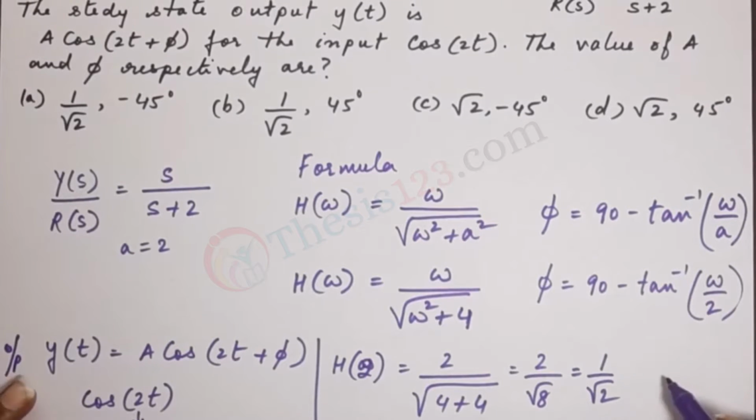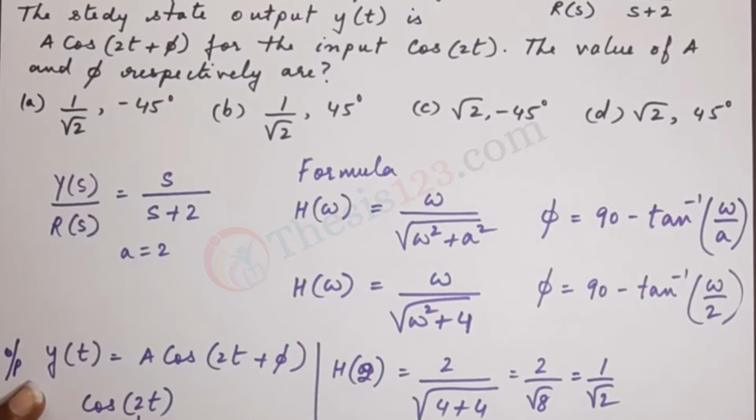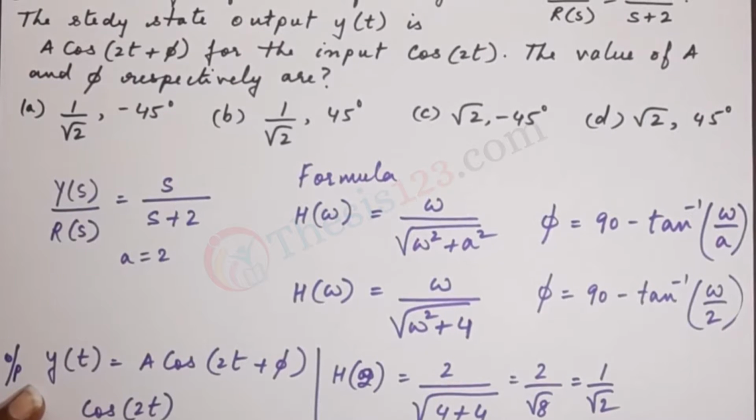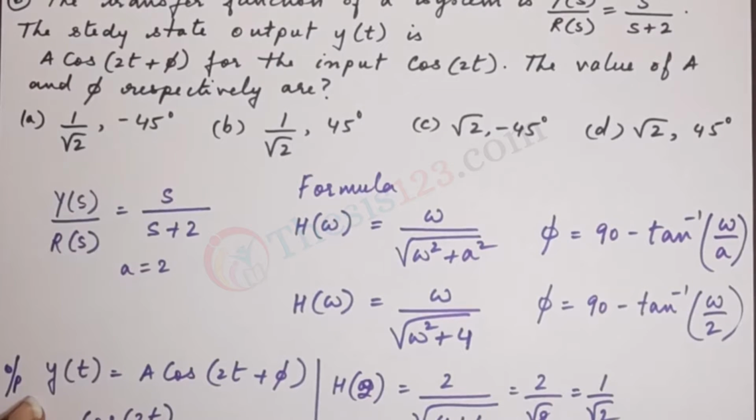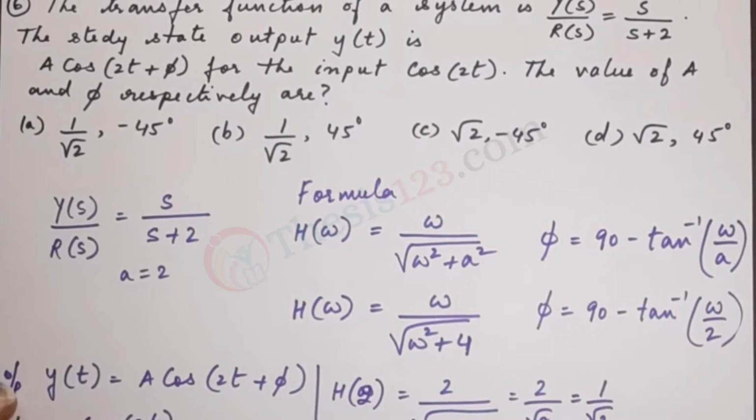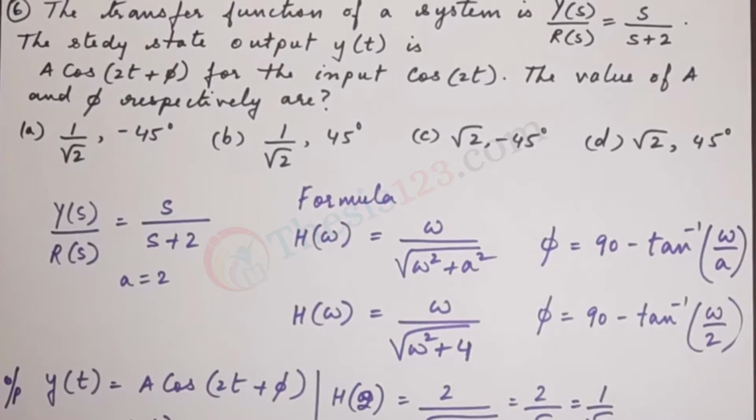Okay. Next, we can substitute the value of omega over here and directly find what is the phase angle. So we have that phase angle phi is equal to 90 minus tan inverse of 2 by 2. Now 2 by 2 is 1.